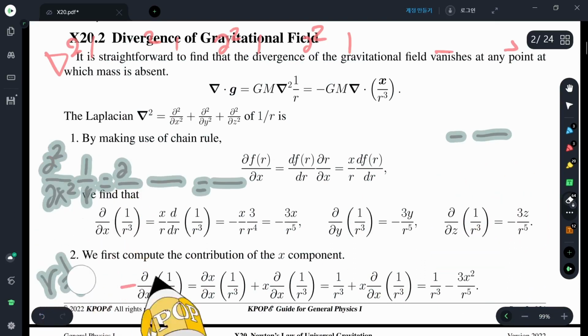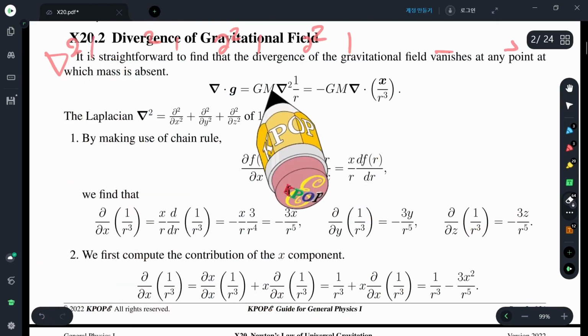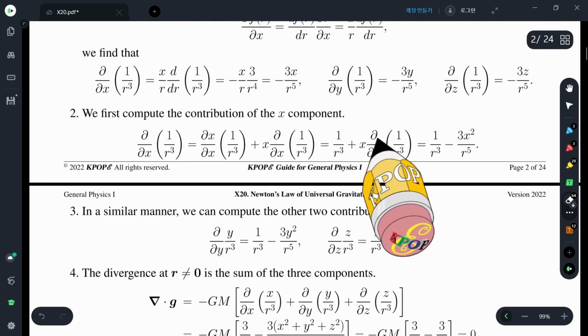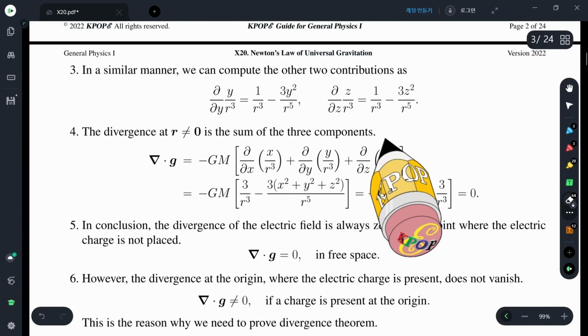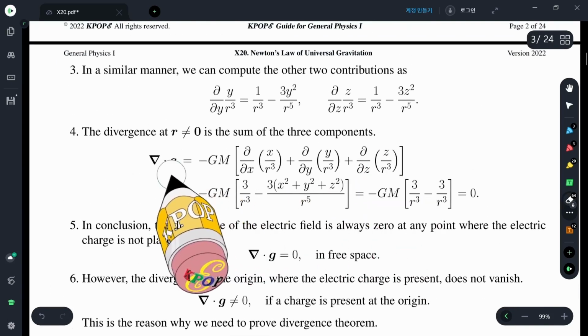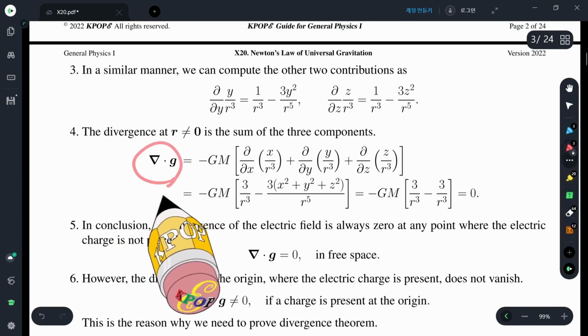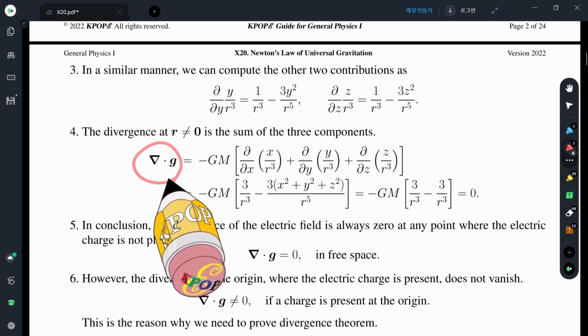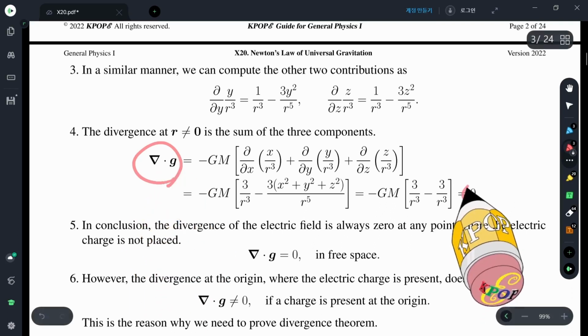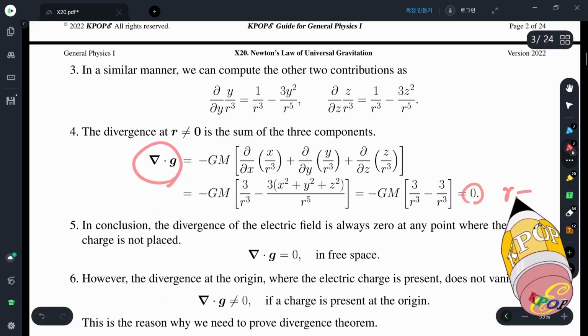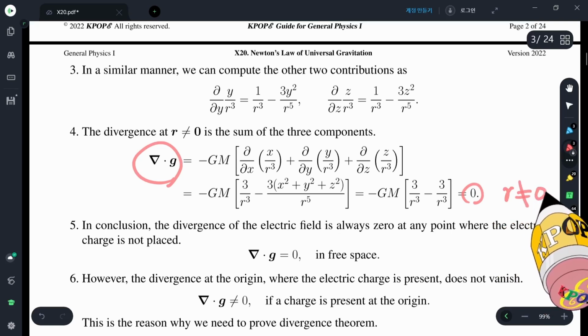So what we have obtained is, if I compute the divergence of the gravitational field, the answer is 0 for r not equal to 0.